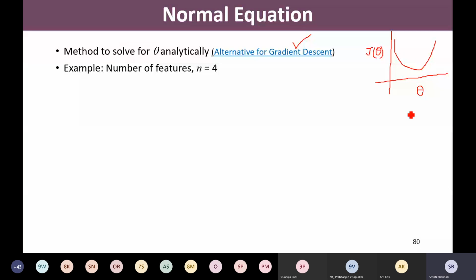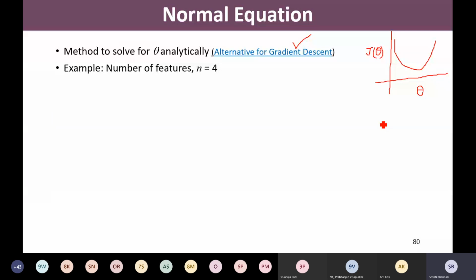Now there is one alternative to gradient descent. If you remember, in gradient descent, we need to iterate. In every iteration, we update the values of the parameters, thetas, with some learning rate.